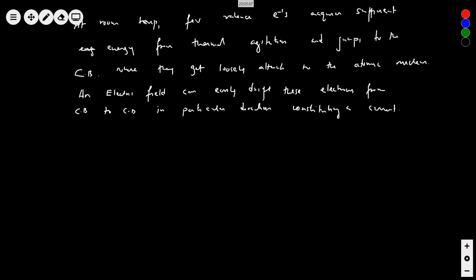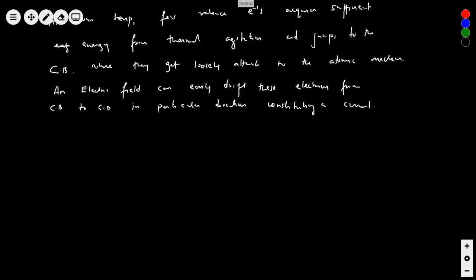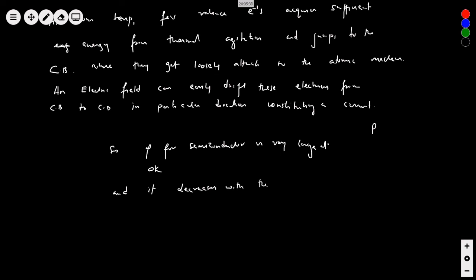So you can see resistivity rho for a semiconductor is very large at 0 Kelvin, and it decreases with the increase in temperature.